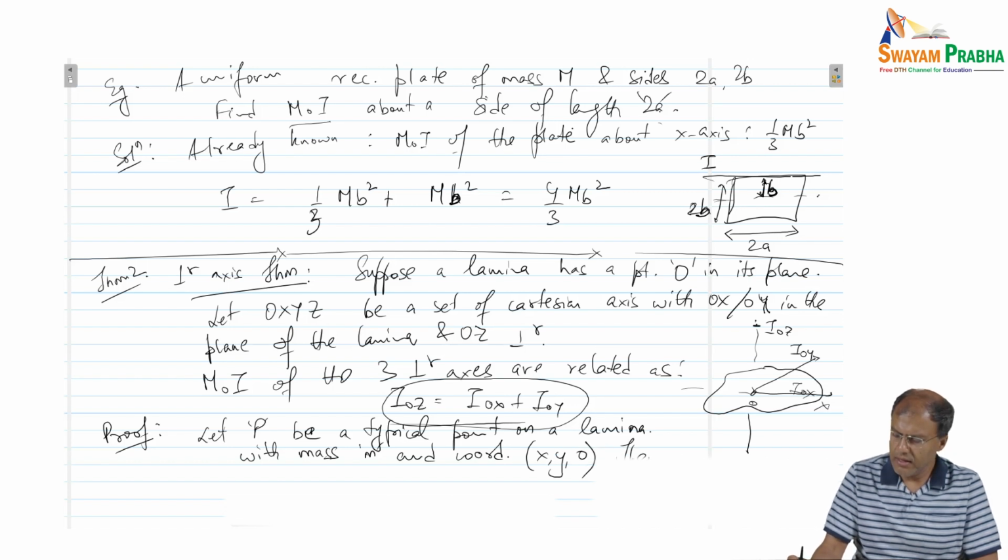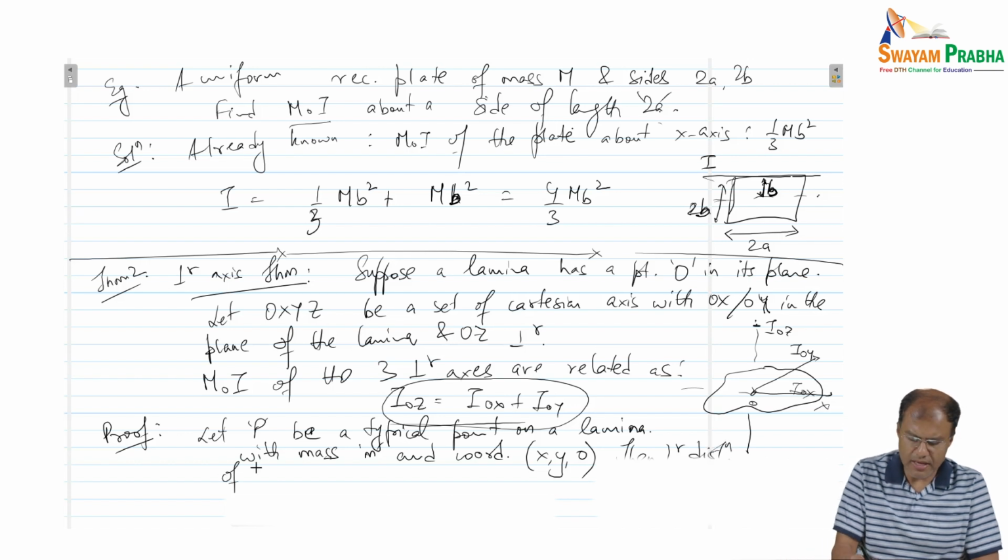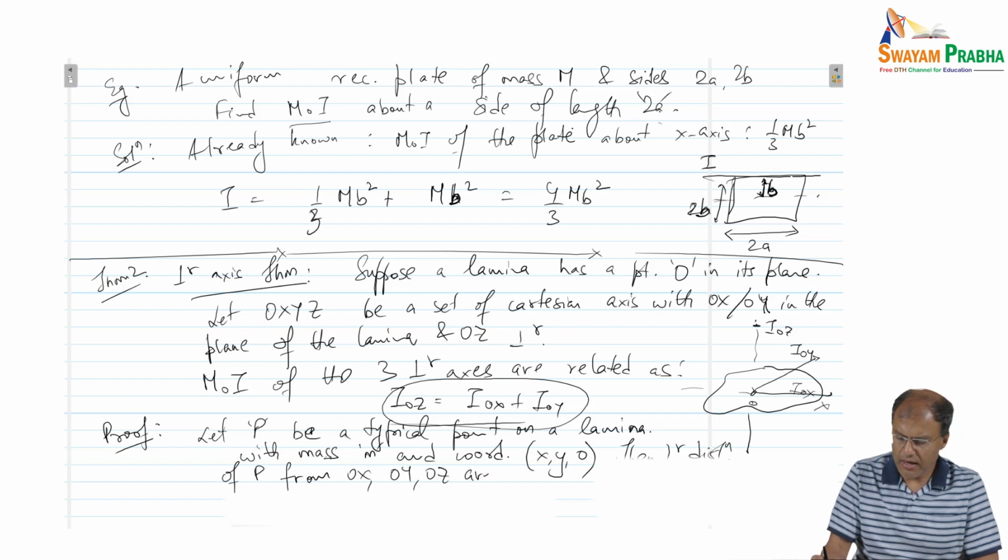Then the perpendicular distances of P from OX, OY, OZ are given by Px given by y, Py given by x, and Pz given by square root of x square plus y square.